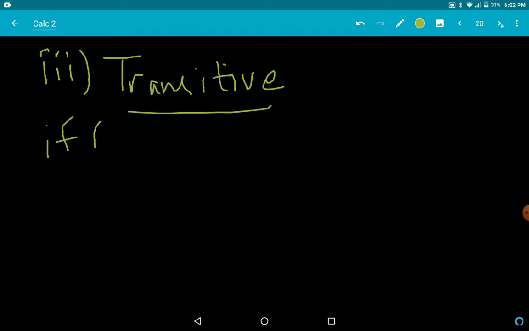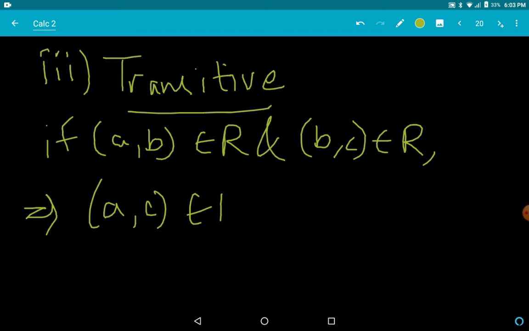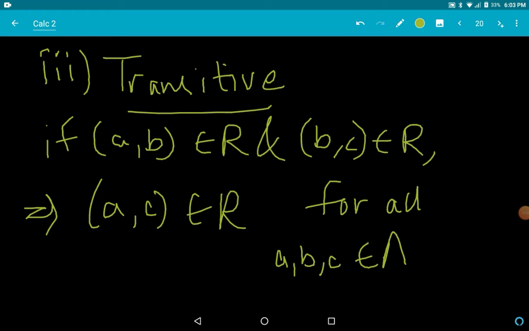If (a, b) belongs to R and (b, c) belongs to R, it implies (a, c) belongs to R for all a, b, c belonging to A. This is what reflexive, symmetric and transitive is.